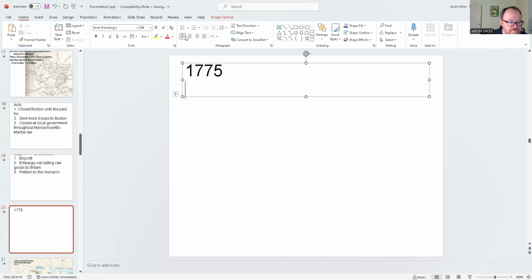In 1775, Massachusetts under martial law.